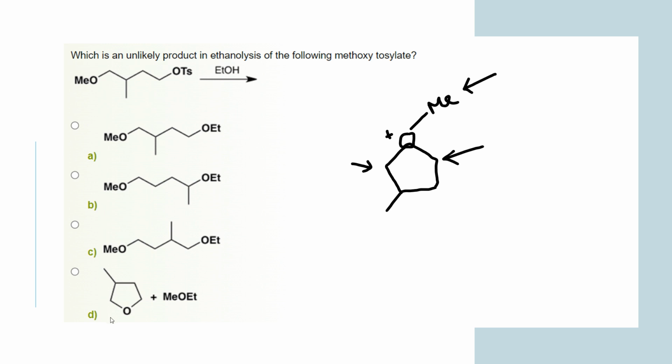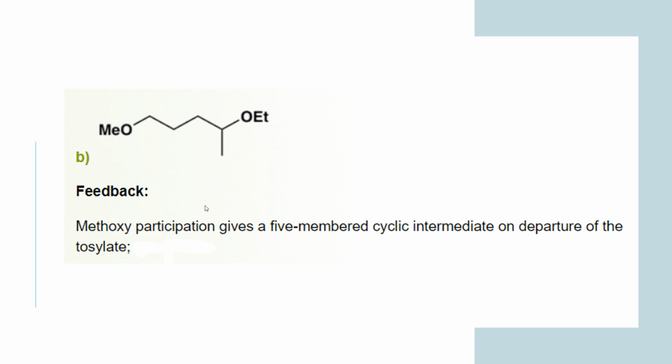So we saw that these three possible attacking sites are leading to the formation of A, C, and D. But we did not get option B as any of the possible products. So you have to choose option B as the correct option, which is not going to be formed in this reaction.